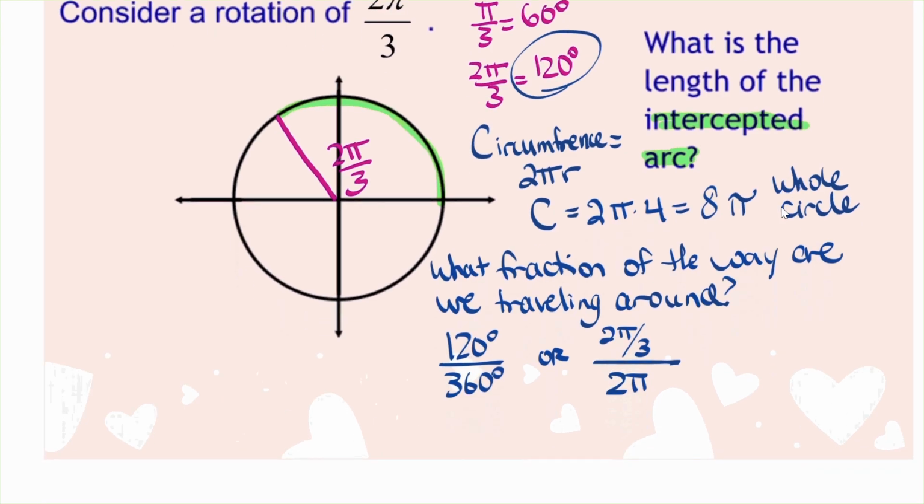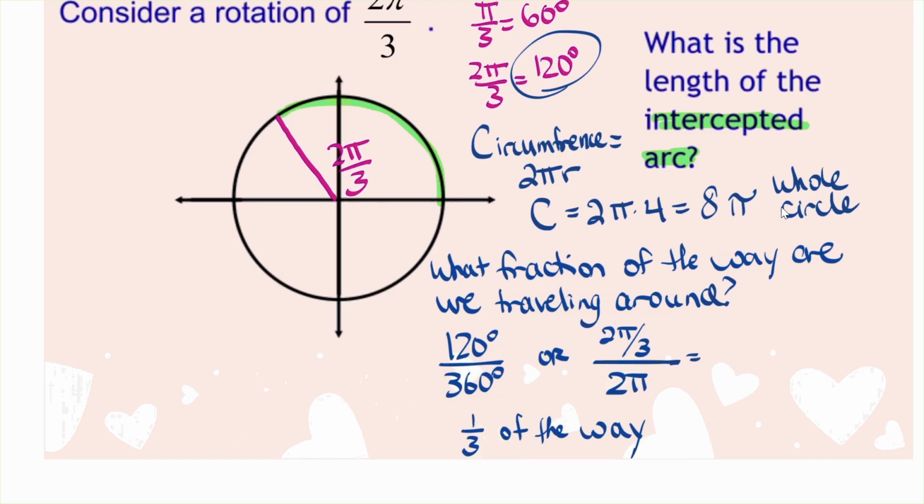Either of these would reduce to 1/3. 1/3 of the way around the circle, which makes sense with our picture. If we consider it like a pizza, it's 1/3 of a pizza.